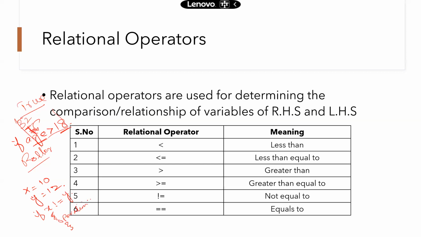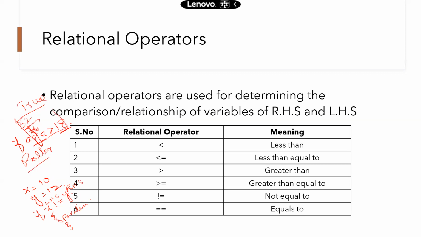In that case, x carries 10 and y carries 12, so we are seeing a relationship or a comparison between the right-hand side and the left-hand side. This is going to compare and then give a decision whether it's true or false.